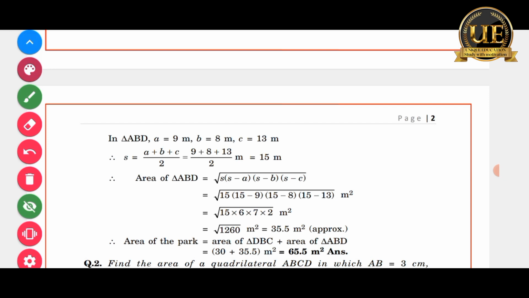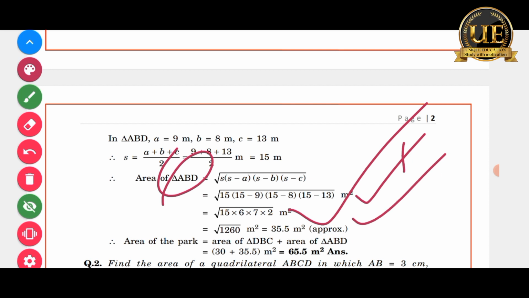Area of triangle ABD is the root of S into (S minus A) into (S minus B) into (S minus C), which is root of 15 into (15 minus 9), (15 minus 8), (15 minus 13) meter square, 15 into 6 into 7 into 2, that is 1260 meter square. The answer is 35.5 meter square approximately.